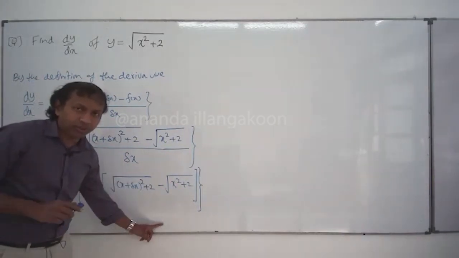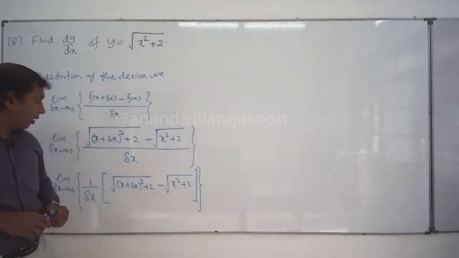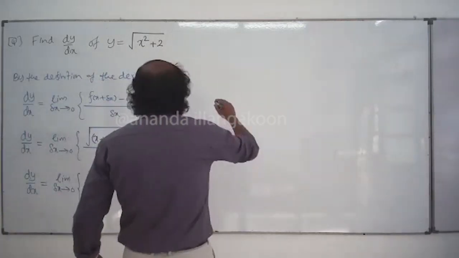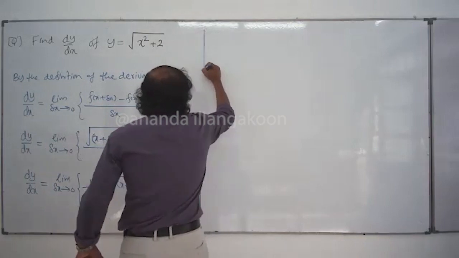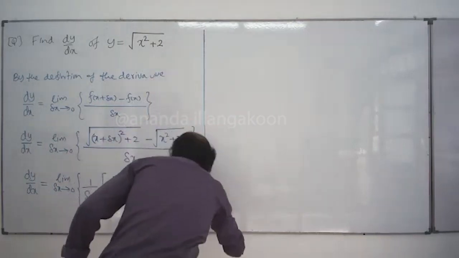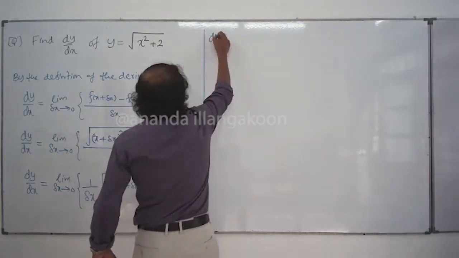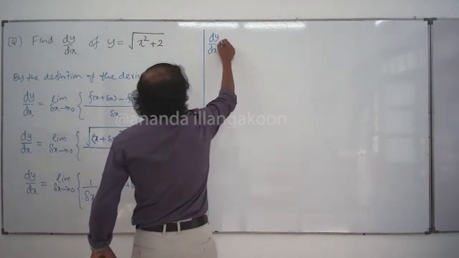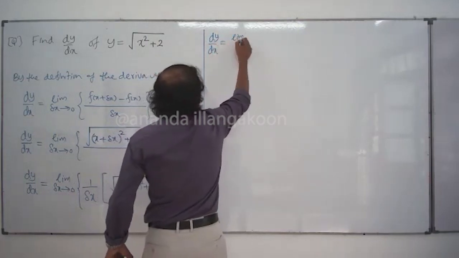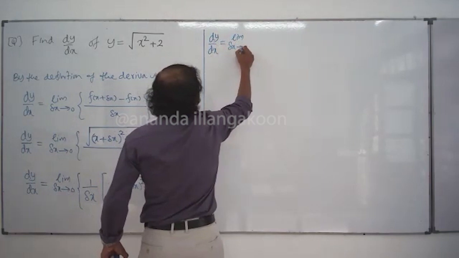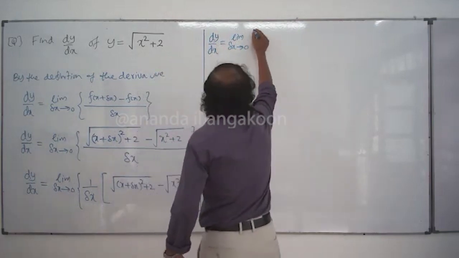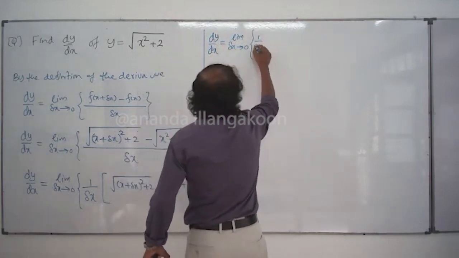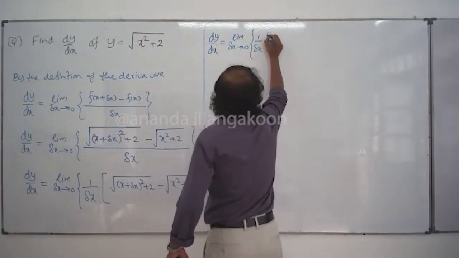Can you remember that method? Yeah. Then we can use that here. dy by dx, limit delta x going to 0, 1 upon delta x.